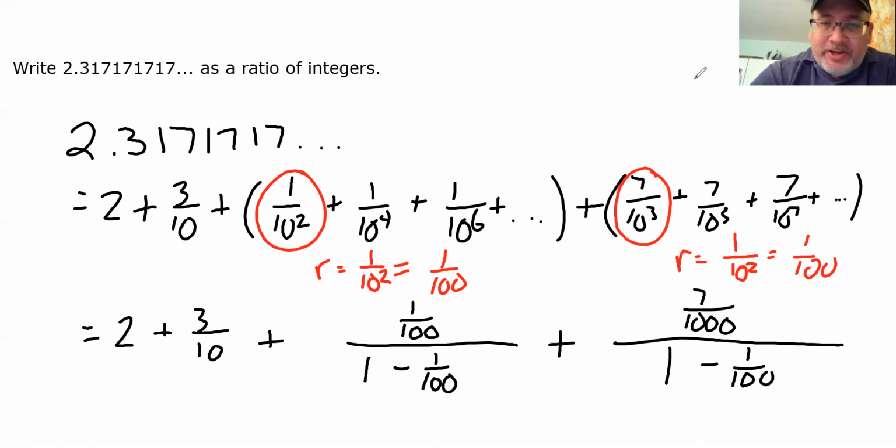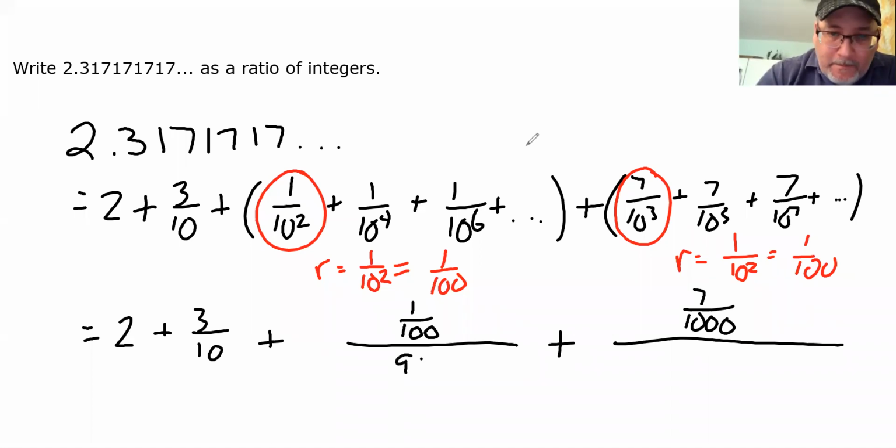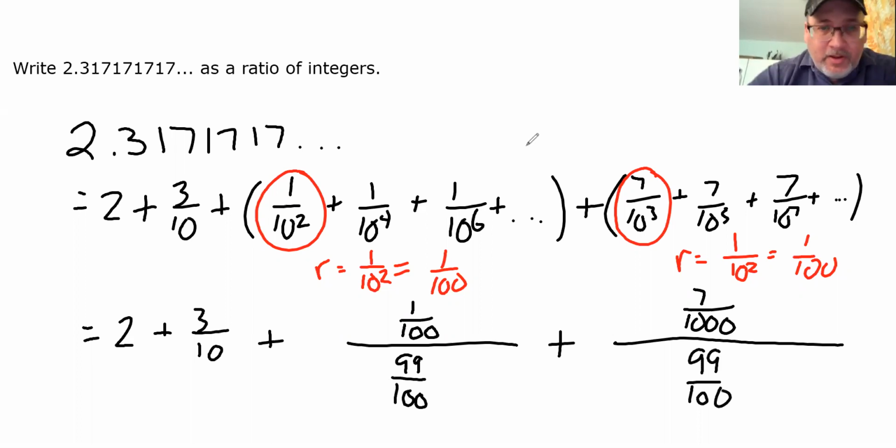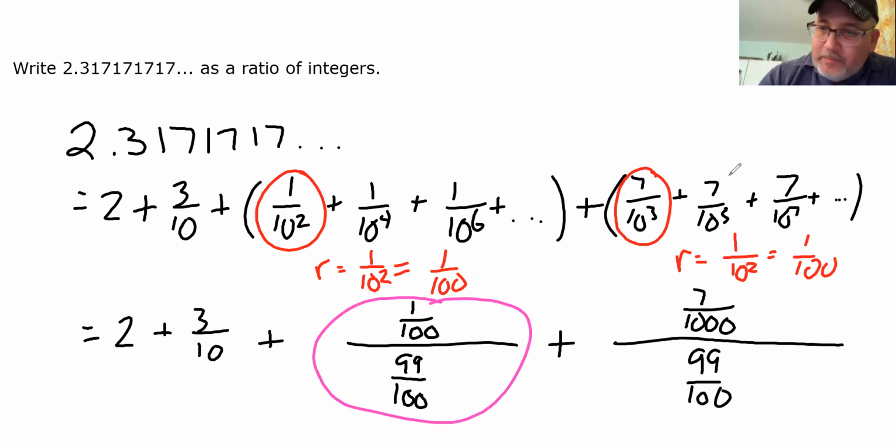All right, so let's start cleaning this up. In both denominators, 1 minus 1/100 is 99 over 100. Let's write that. Good. Now we have two complex fractions, one fraction over another.